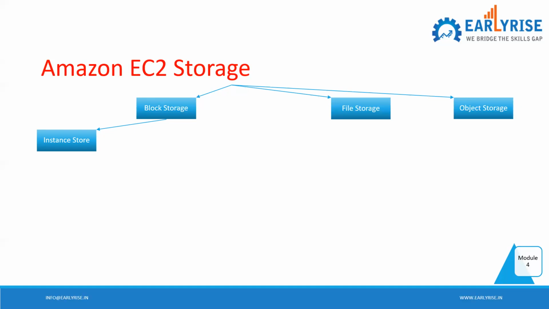Now, you know that this is ephemeral. When you stop your instance, whatever is there in that instance store volume, will that exist? Can you get it again? There is no guarantee. Actually, it won't remain.